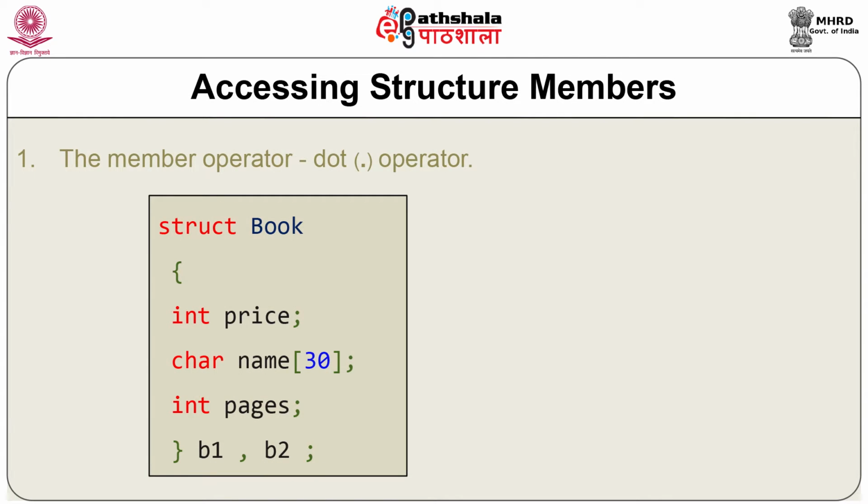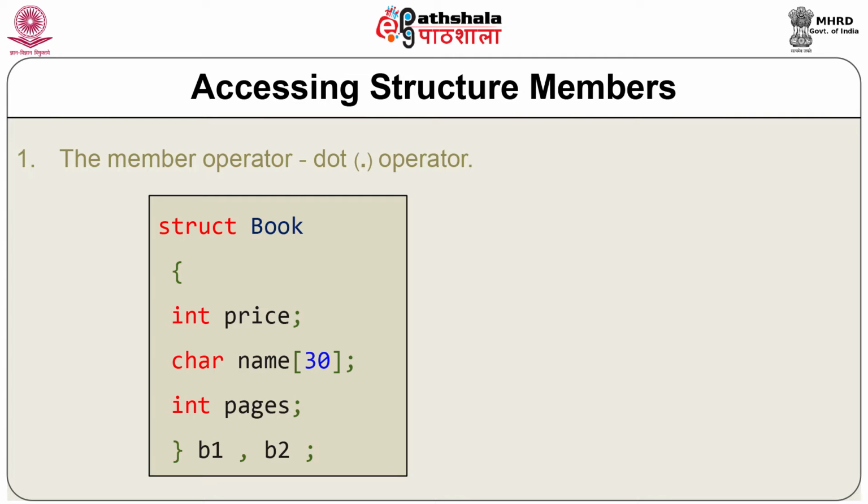This is the simple syntax used for accessing structure members using the dot operator. You can see the structure name is book. There are different members like price, name and pages. This is the structure of book. Price is an integer, name is a character, and pages is an integer.